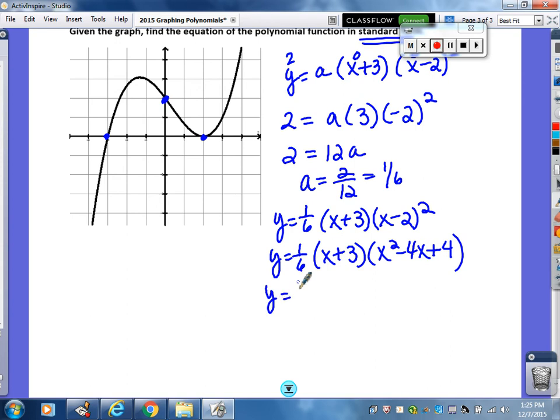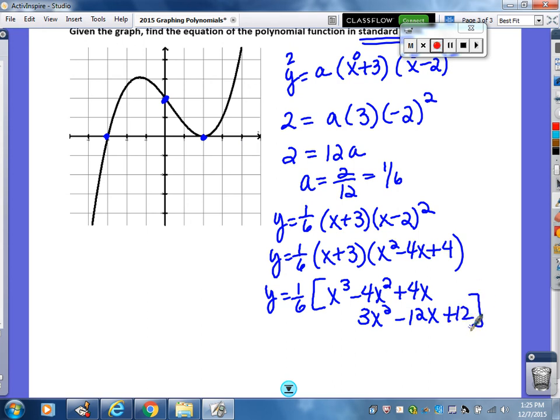Don't forget you've got that 1/6. I'm going to multiply x times each one of these terms and then 3 times each one of these terms. So what do I get? x to the third minus 4x squared plus 4x. I do the same thing with the 3. So I've got 3x squared minus 12x plus 12.